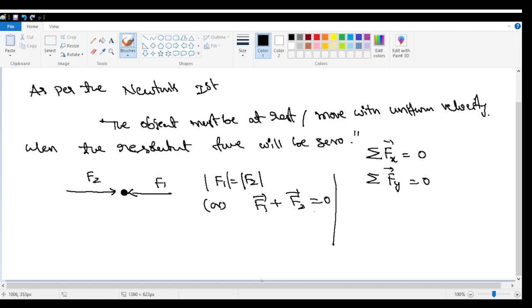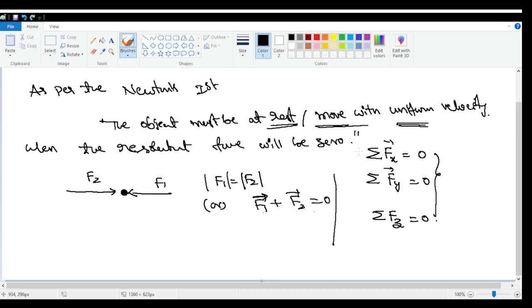Force is a vector component. I am taking the vectorial sum F1 bar plus F2 bar. If you add them, the opposite direction means you need to take minus. Then the sum of all forces acting in the z direction must be 0, and only then the object is at rest or moves with uniform velocity.